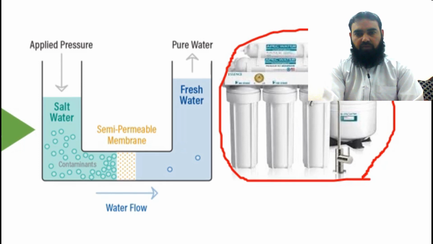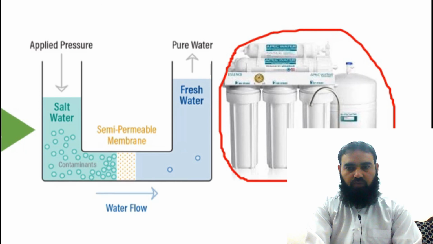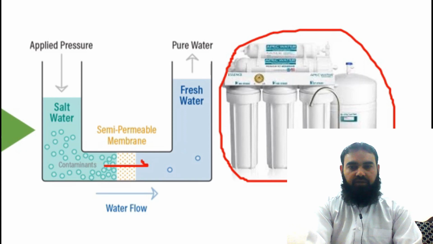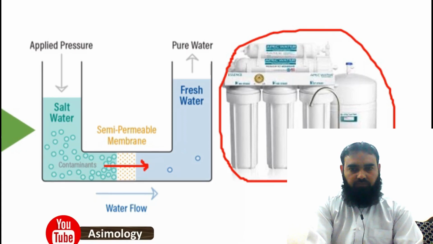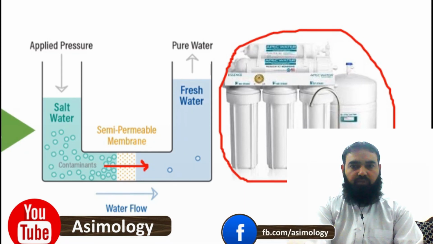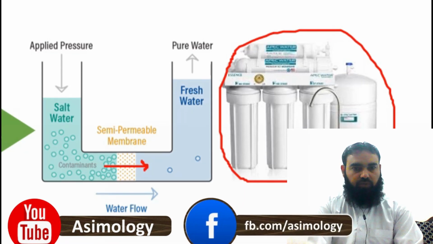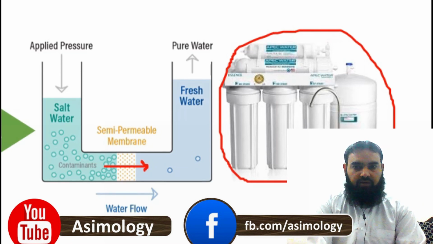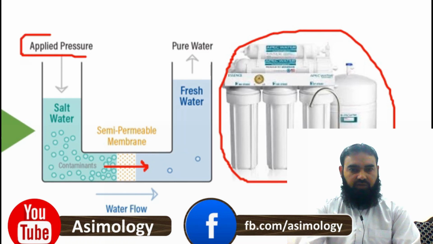This membrane will allow the water molecules to pass through, but it will not allow the ions or solid particles. Ions cannot pass through the pores of the semi-permeable membrane, but water molecules can. So we get pure water on the other side, and this process is done under high pressure, higher than the osmotic pressure.